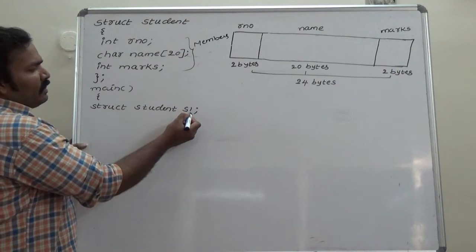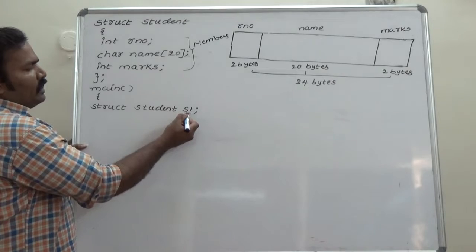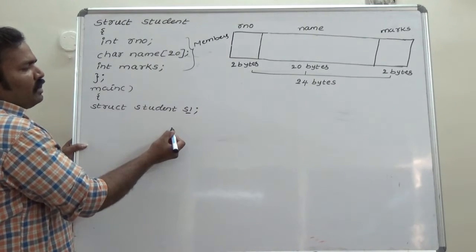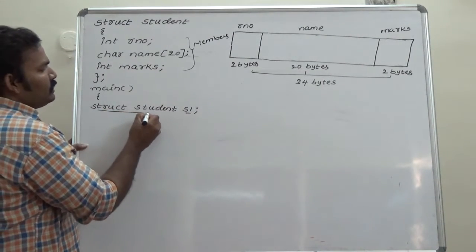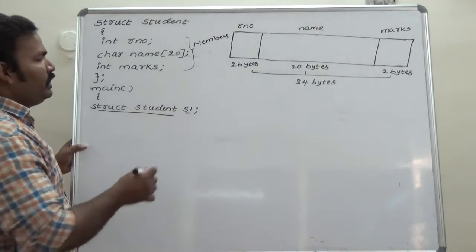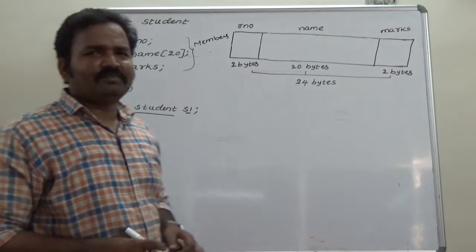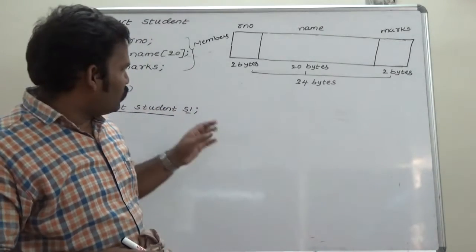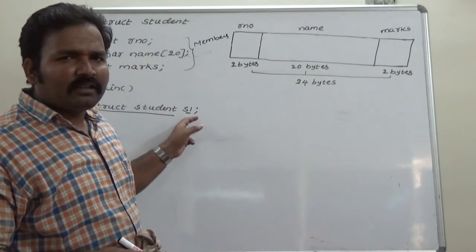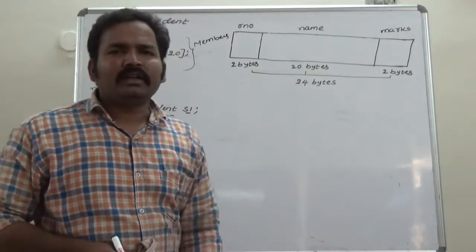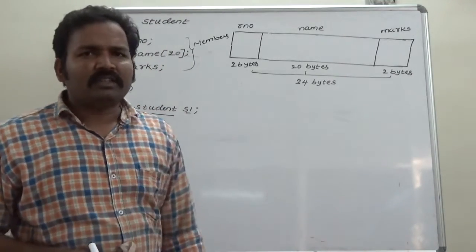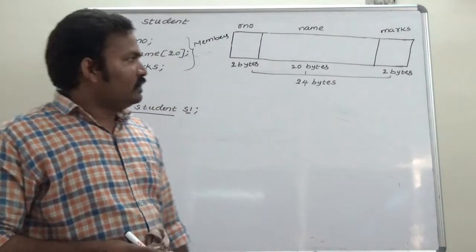If we declare one variable of struct student type, only then will the memory be allocated for these members. If you have not declared a variable, then the memory will not be allocated for structure members by the C compiler. Clear?